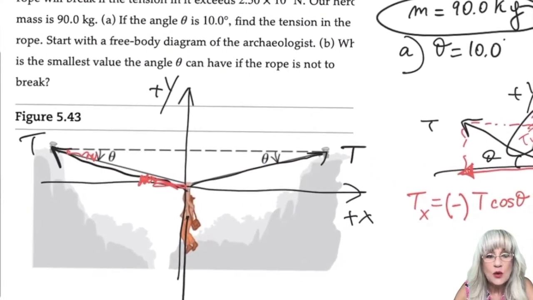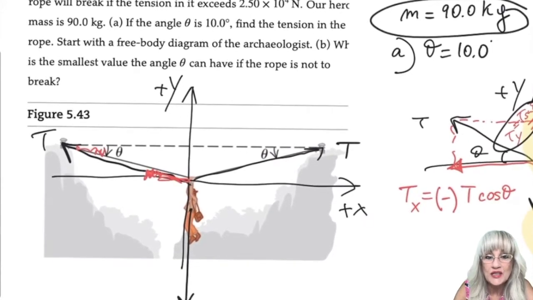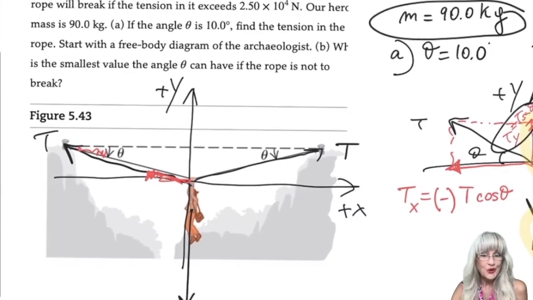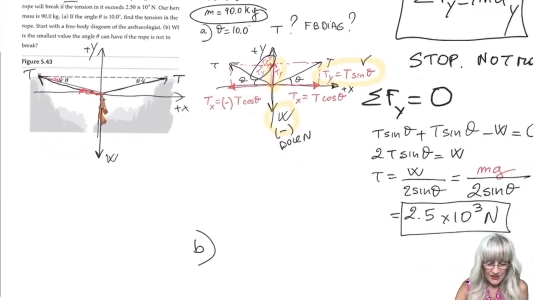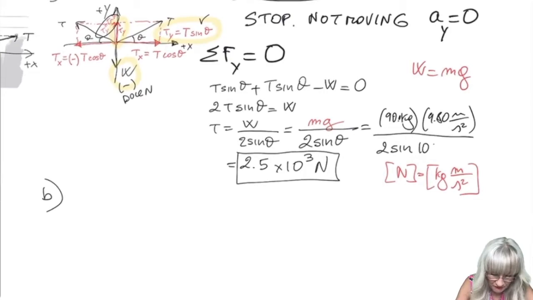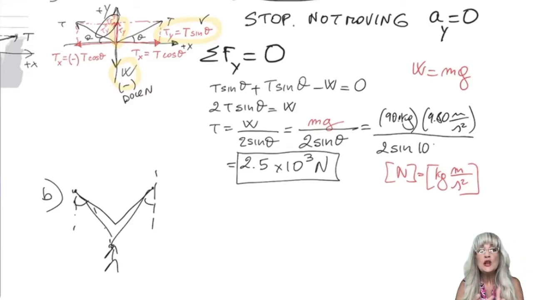Part B says, what is the smallest value of angle theta so the rope will not break in half? So the smallest value of theta. We want to find the smallest value, with the vertical axis, until the rope, here is the rope, here it is hanging, will not break.